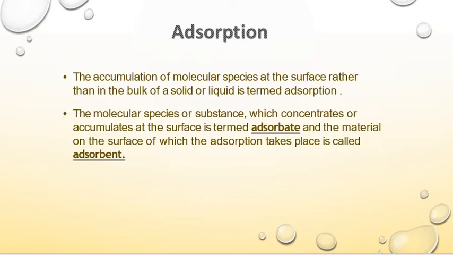The water molecules from the air get adsorbed on the surface, and this phenomenon is called adsorption. So I can say that the accumulation of molecular species at the surface rather than in the bulk of the solid or liquid is termed as adsorption.